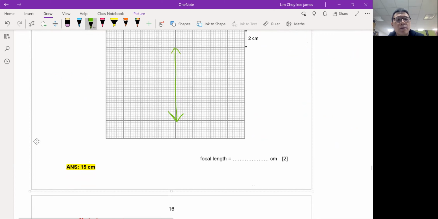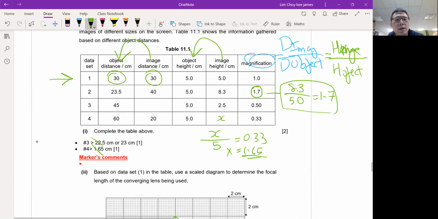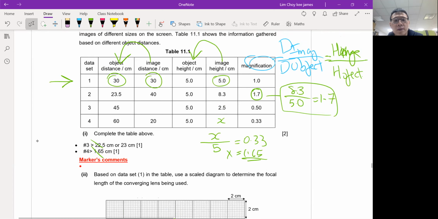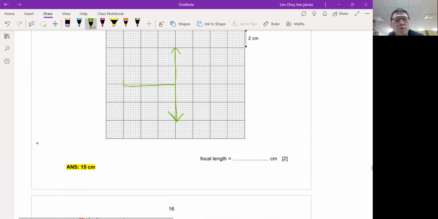If I set the lens to be here, the object is 30 cm away, 1, 2, 3. So this is where my object is. What's the height of the object? The height is 5 cm, so it will actually be half a square. So this would be my object.